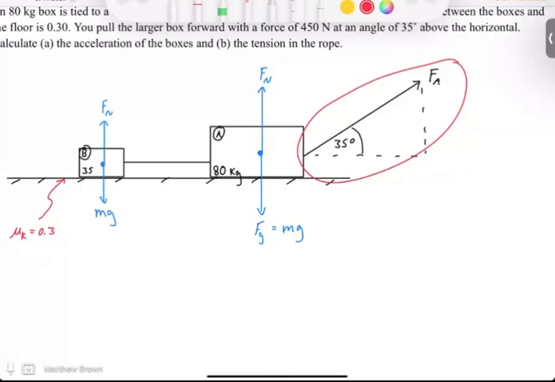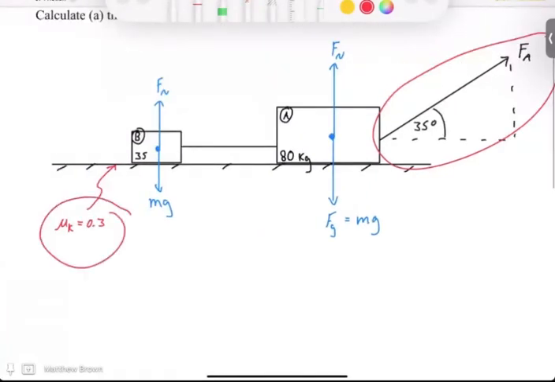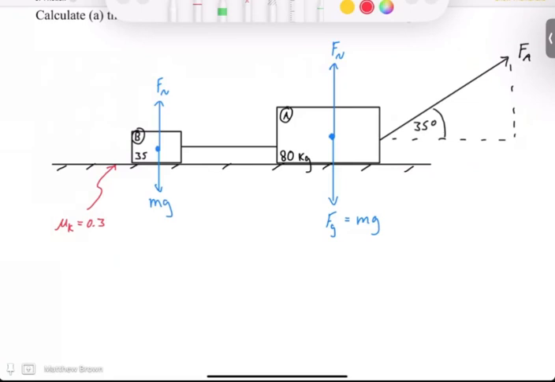So we know mu is the same for both. We're assuming this thing is moving, or we're told. So I would actually go all the way and just calculate the force of friction on each box. Then when we look at the system in total, we can just add those together.